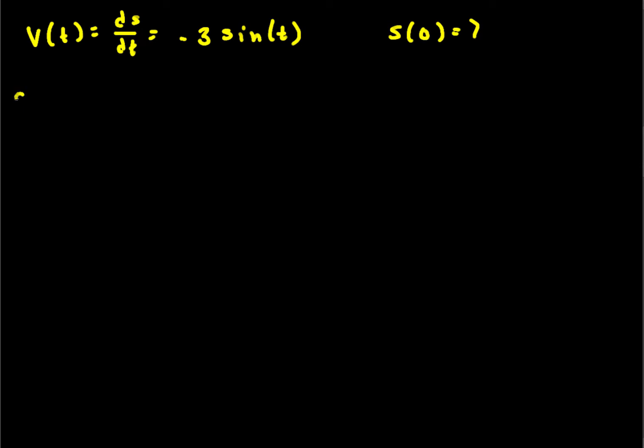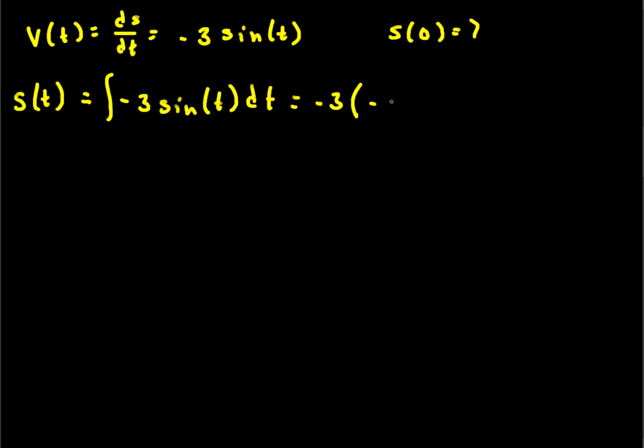So then our position function is the indefinite integral of -3 sine of t dt. And so this is equal to -3 times negative cosine of t, plus our constant.